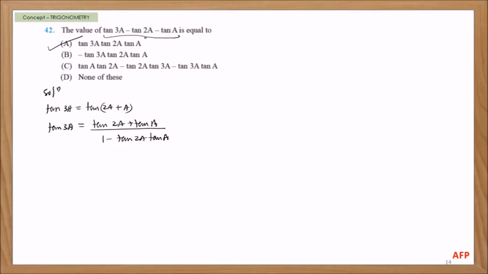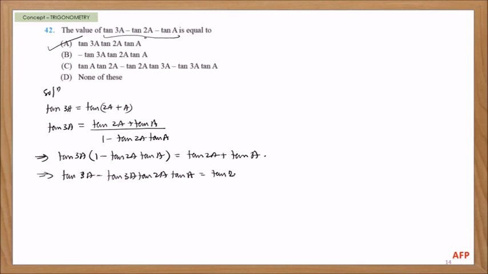Cross multiply as it is written. Now multiply tan 3A inside, and send this term to the other side.